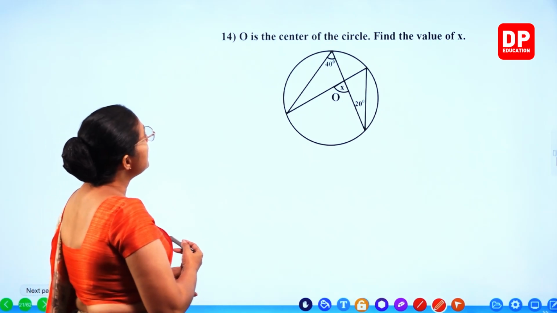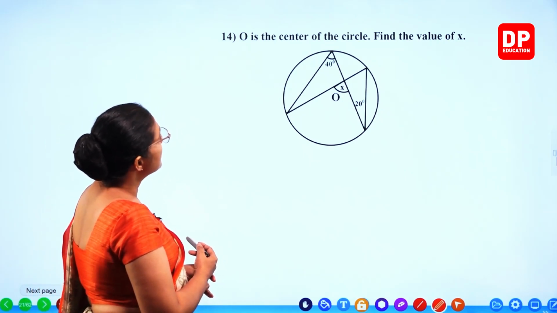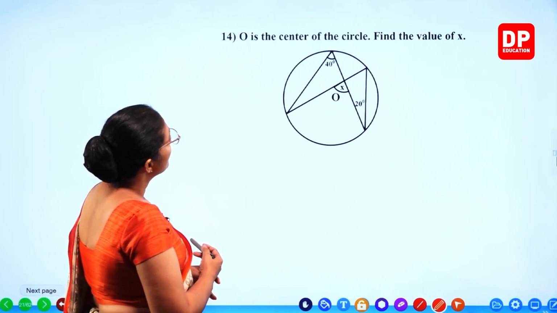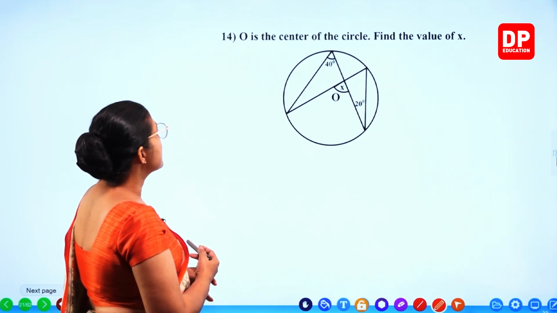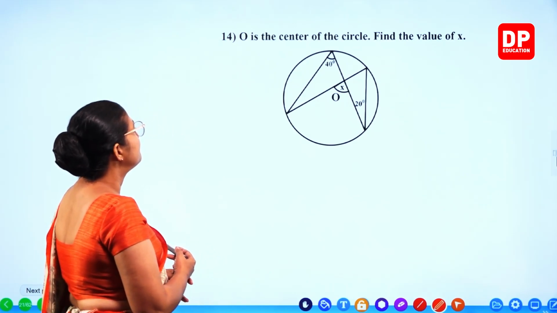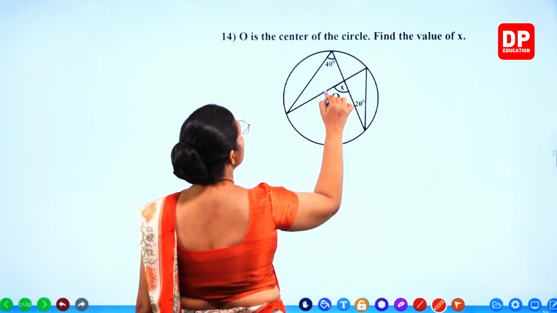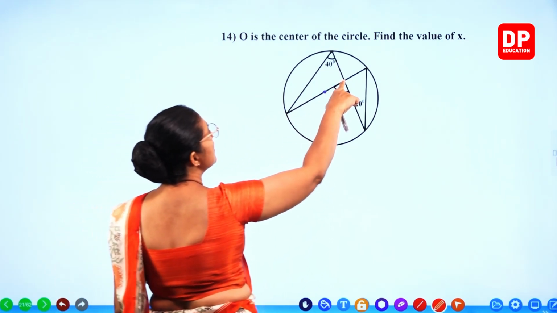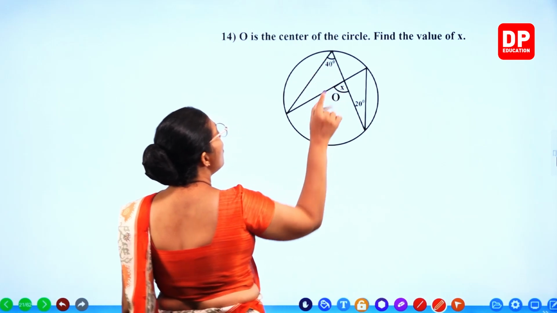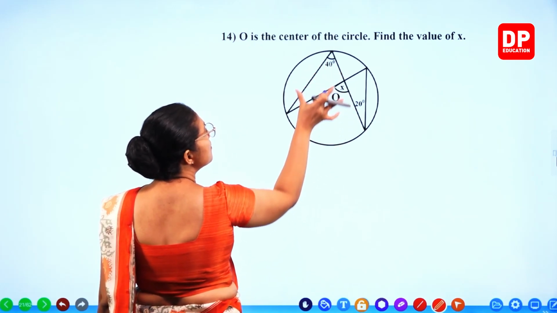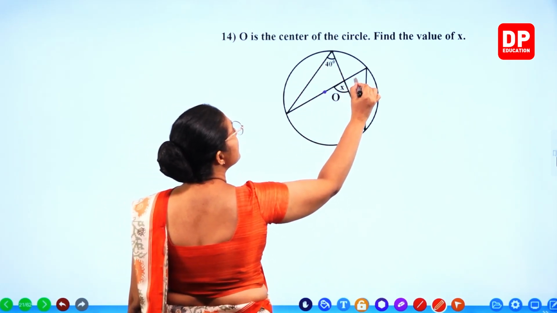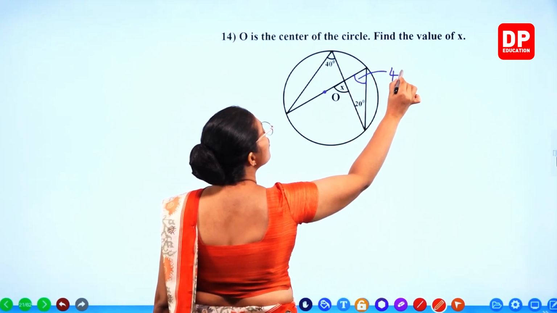Question number 14. O is the center of the circle. Find the value of x. So O is somewhere else, not here. So when you look at the diagram, what is this angle? This is also 40.